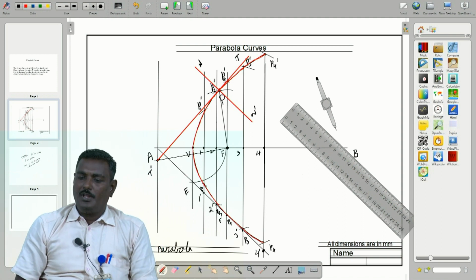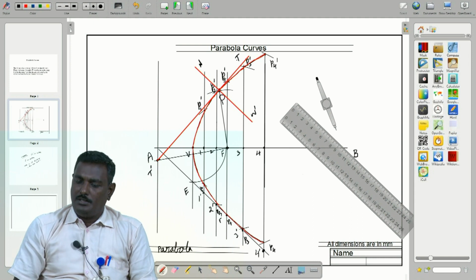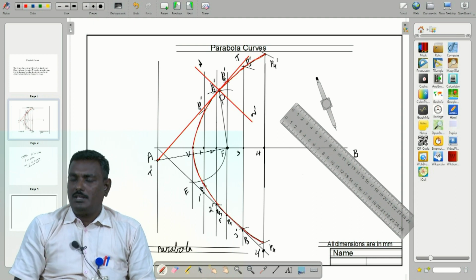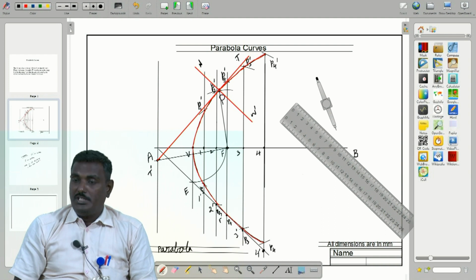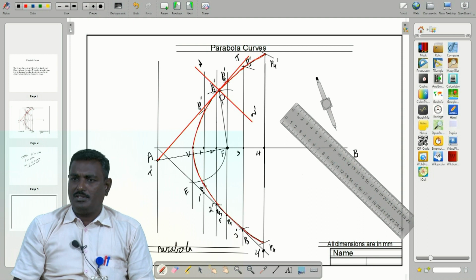So these are the procedures to draw the tangent and normal, and the construction of the parabola. With this the construction of the parabola is finished. With this I conclude the parabola session. Thank you.